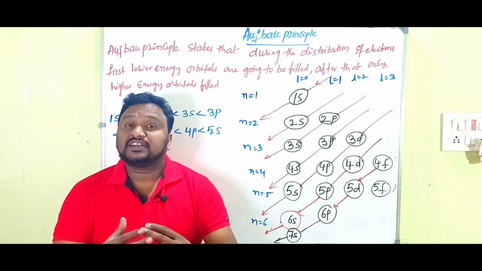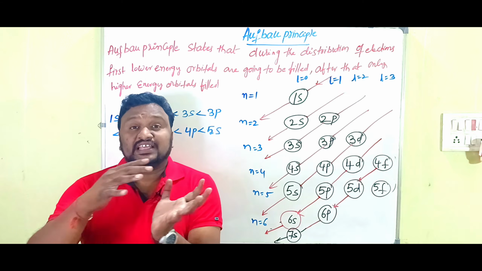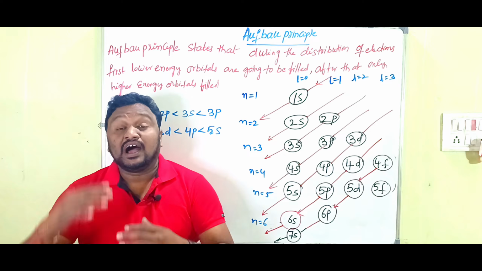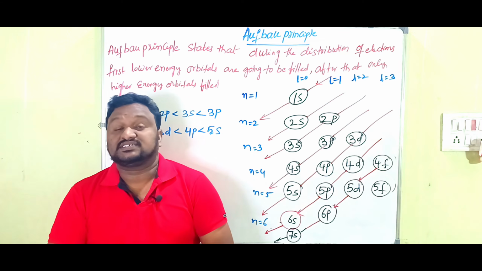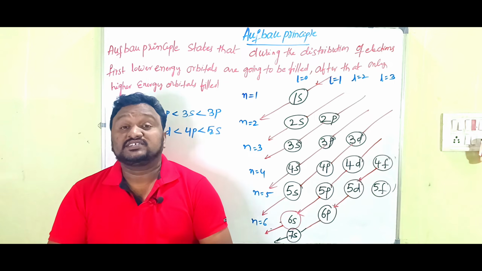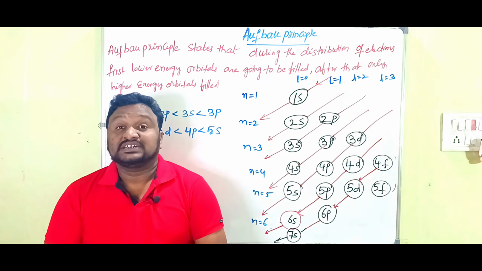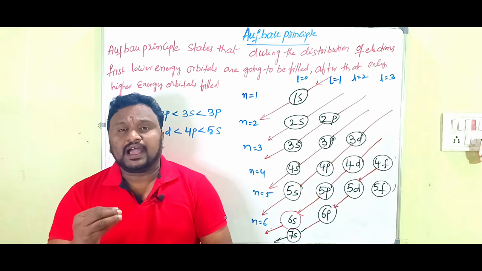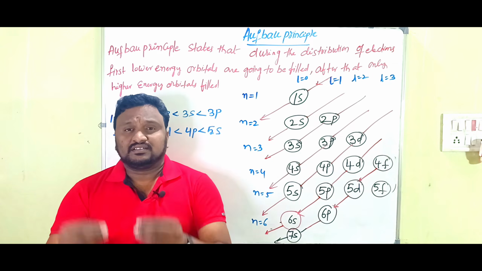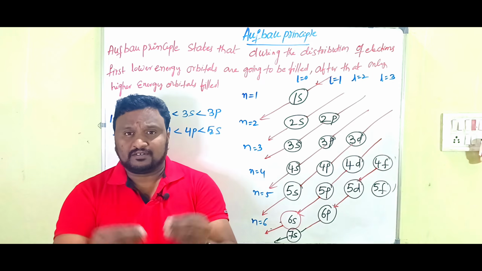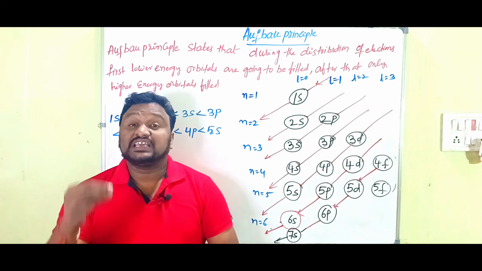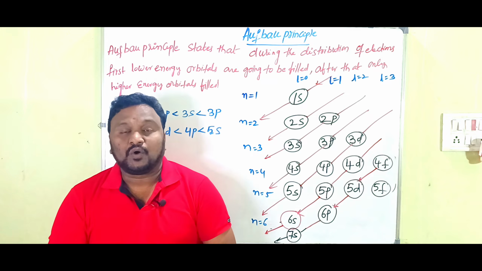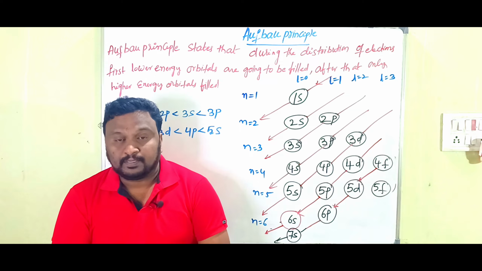After filling the electrons into the lowest energy orbitals, only then do we fill the electrons in the highest energy orbitals. That is called the Aufbau principle. Simply, we can say the electrons must be filled in orbitals in increasing order. That is also called the Aufbau principle.